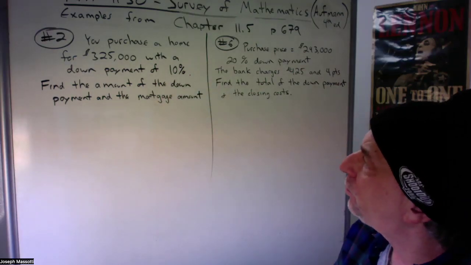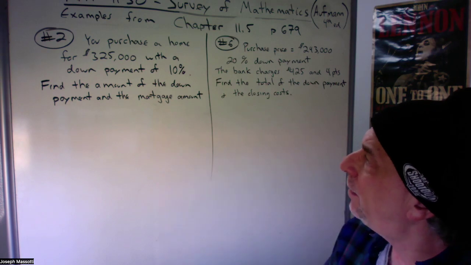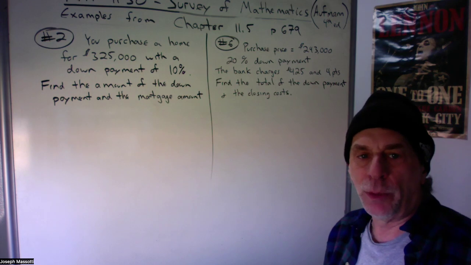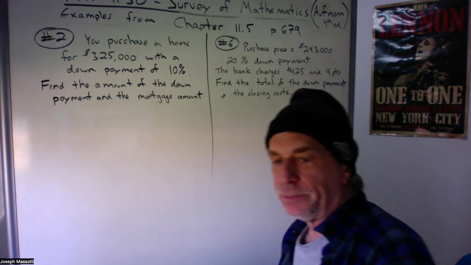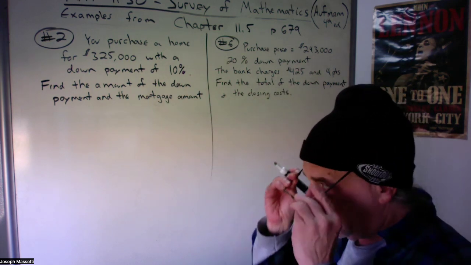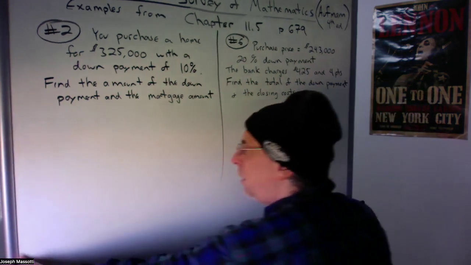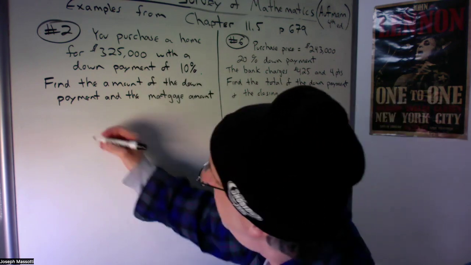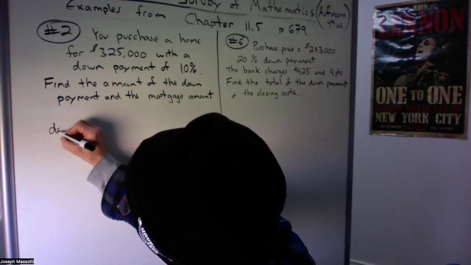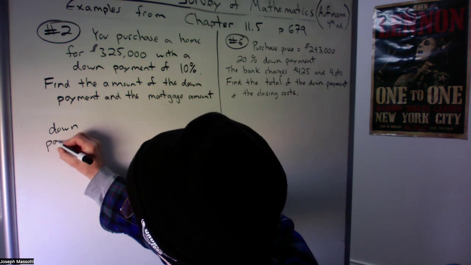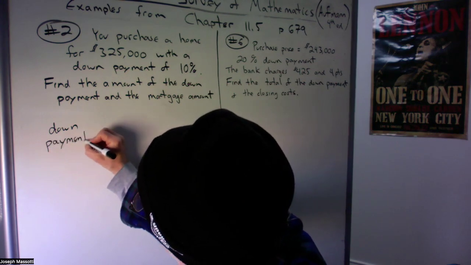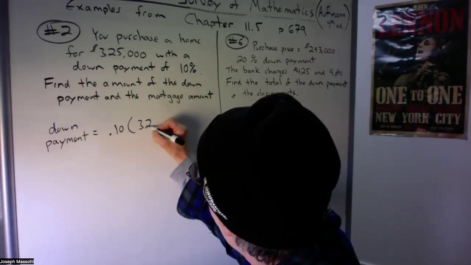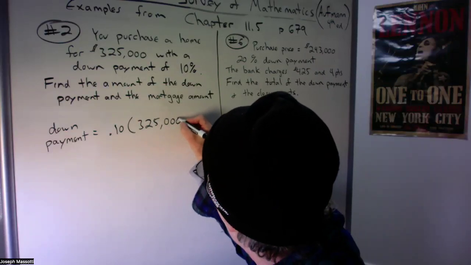of 10%. The question is, find the amount of the down payment and the mortgage amount. The mortgage amount is going to be how much left there is to pay to own the house. Well, what we're doing here is taking 10% of the purchase price to find the down payment. So the down payment is just going to be 10% of that 325,000.